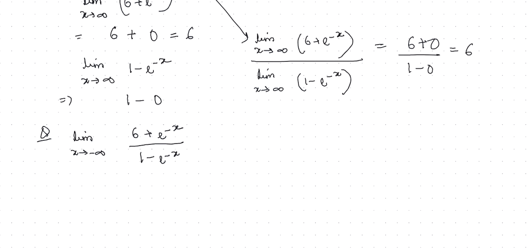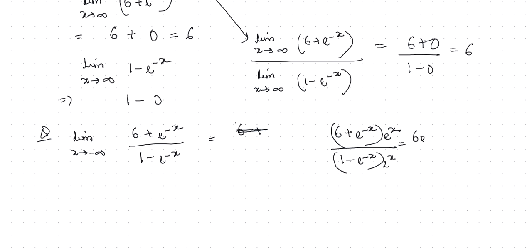We can simplify this by multiplying numerator and denominator with e^x. So 6 plus e^(-x) multiplied by e^x and 1 minus e^(-x) multiplied by e^x. So 6e^x plus 1 over e^x minus 1.